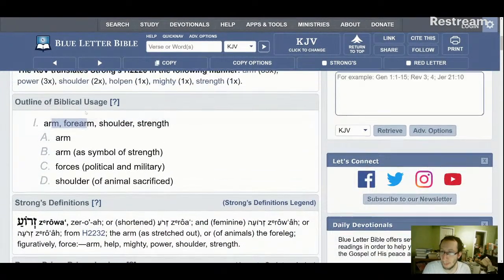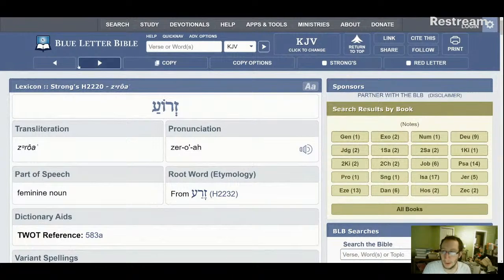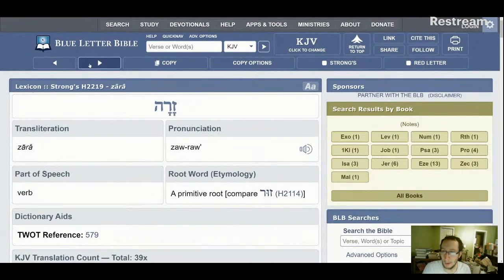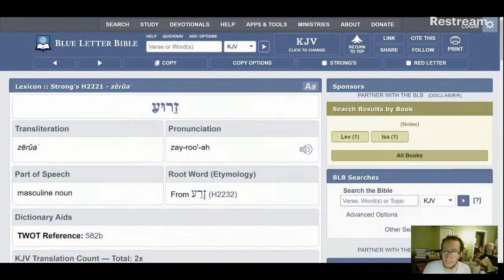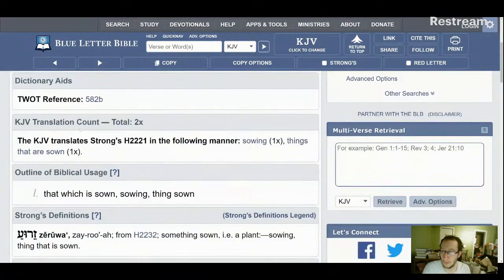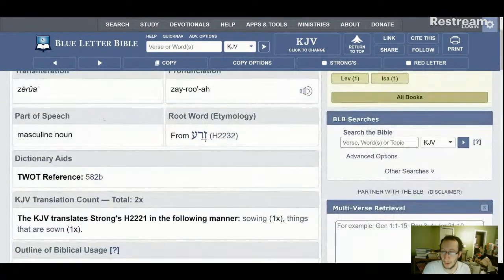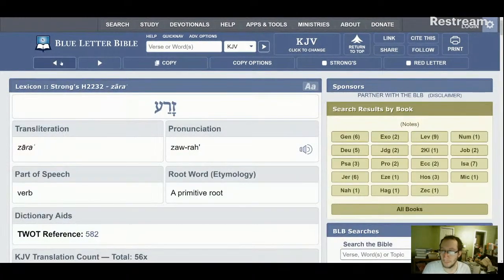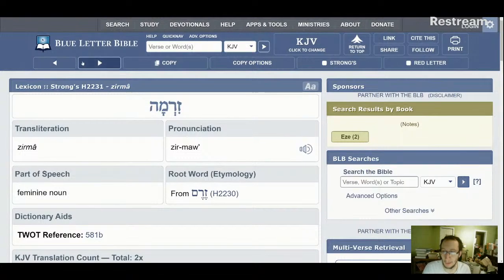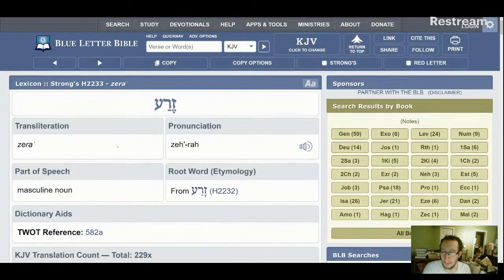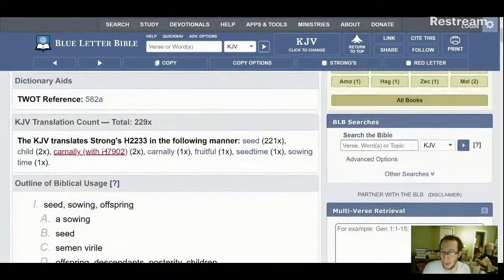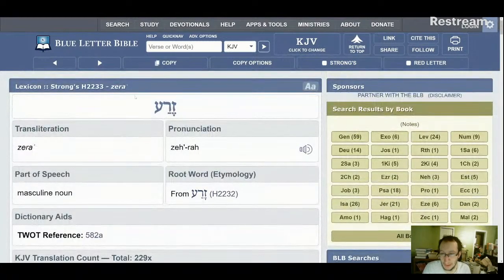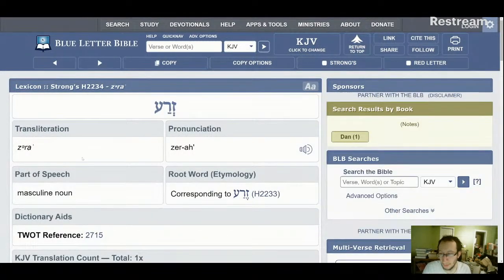See right here, arm. That which is sown. Sowing, a thing sown. We can look at, here we have seed, sowing, offspring, so it can mean just a seed or a child. Seed, offspring.